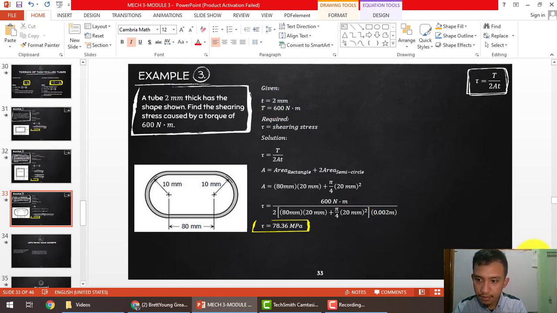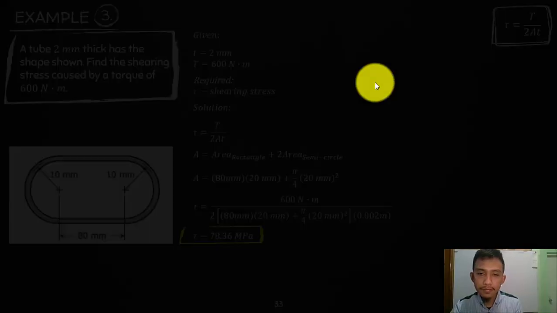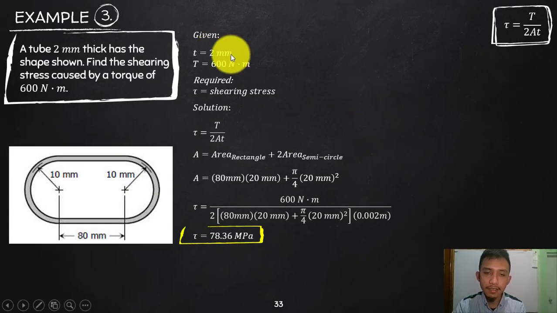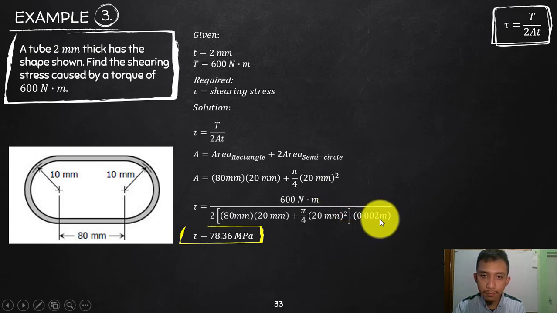This is 2 millimeter, so if I want to cancel the meter here, I will put that in meter, which will be 0.002 meter. So meter cancels, and what remains is Newton over millimeter squared, which gives me megapascal. Calculating will give us 78.36 megapascal. So that is the average stress on this thin walled material.